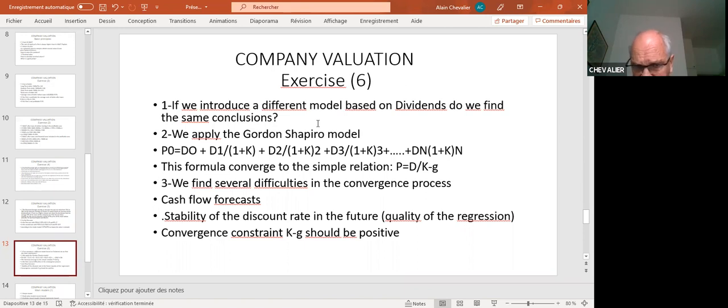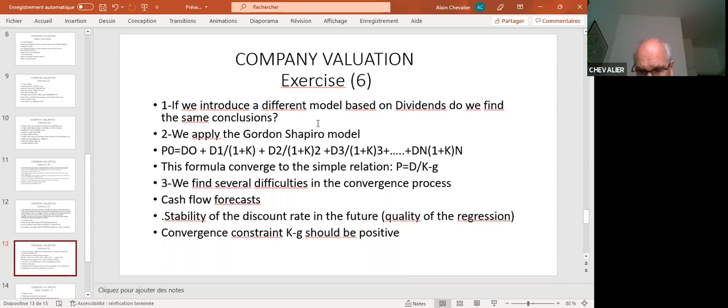P, price of share, is equal to D. Now, when I say D, in that case, it is D0, the first dividend to be paid, divided by K, the cost of equity, minus G, and G being the slope of the regression line, and which is also the long-term growth rate of a dividend. This is the expected long-term growth rate of the dividend policy of a firm.